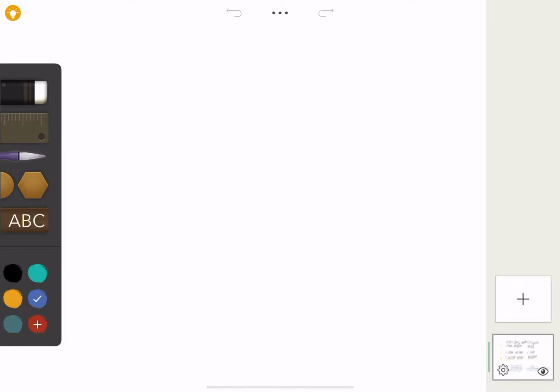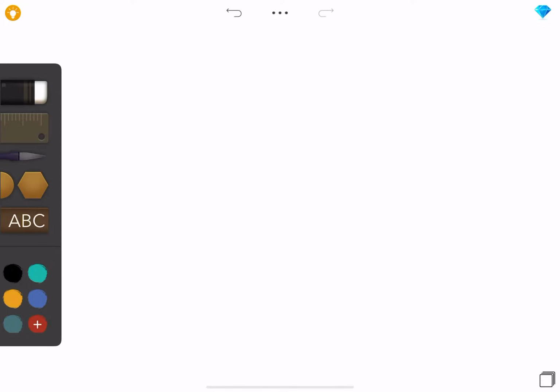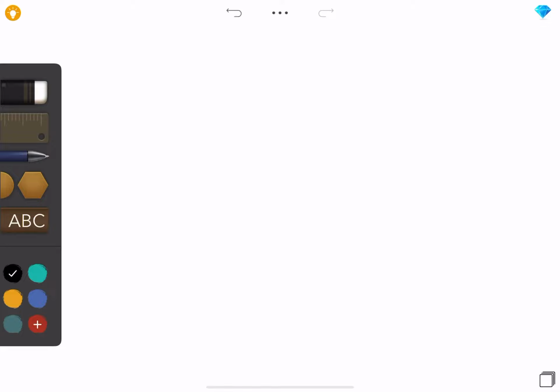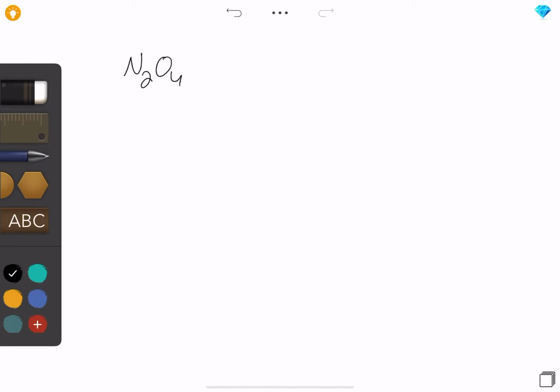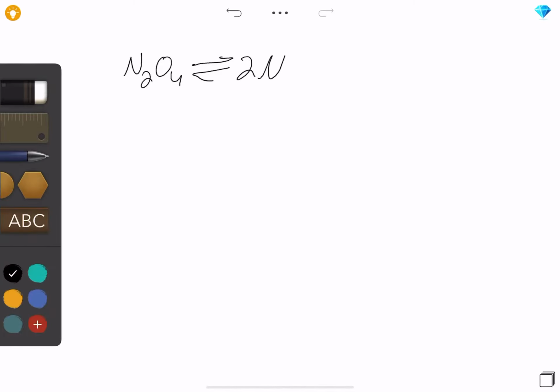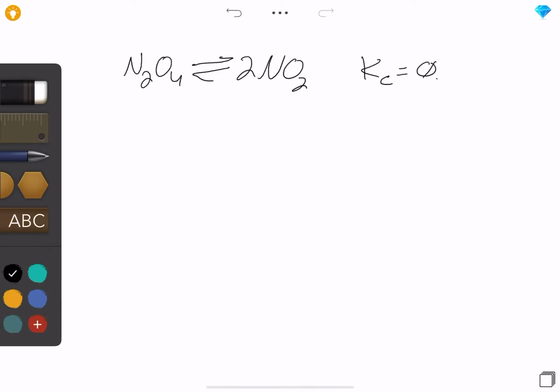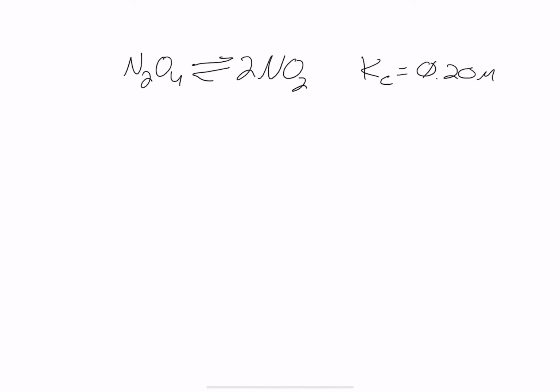Number 2 gives us this chemical equation. We have N2O4 in equilibrium with 2NO2. We are given K, which is 0.2 molar.